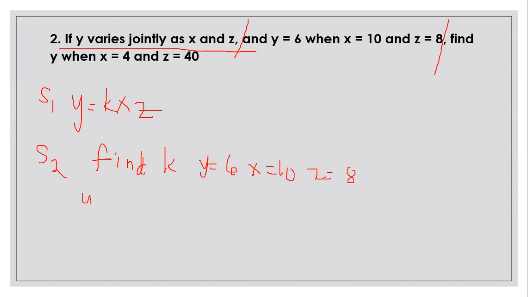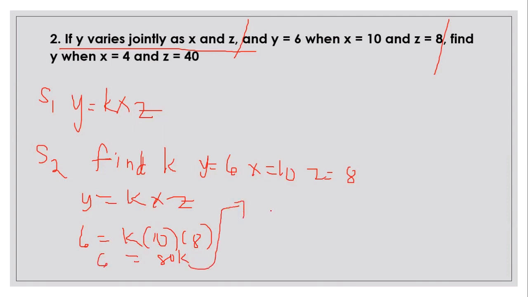So we have y is equal to kxz. Substitute the given values of x, y, z. So 6 is equal to k, then x is 10 and z is 8. Perform 10 times 8, we have 80. We can say 80k is equal to 6. Then simplify by dividing both sides of the equation by 80.